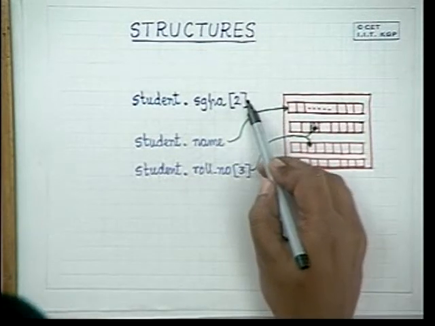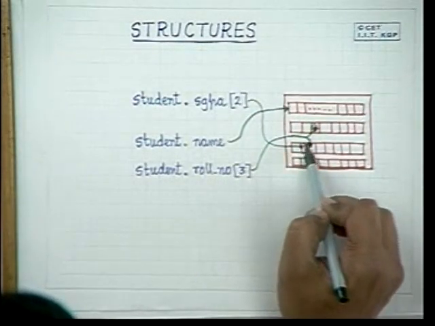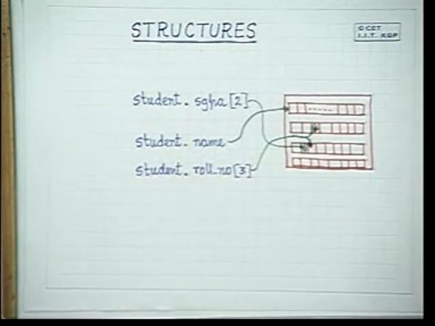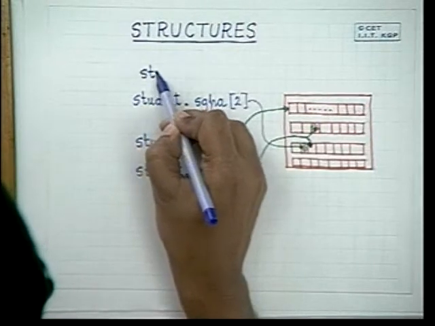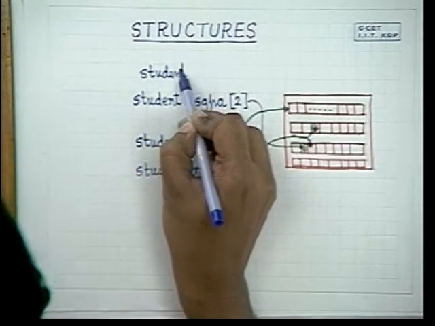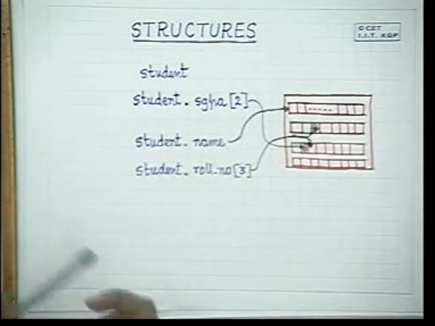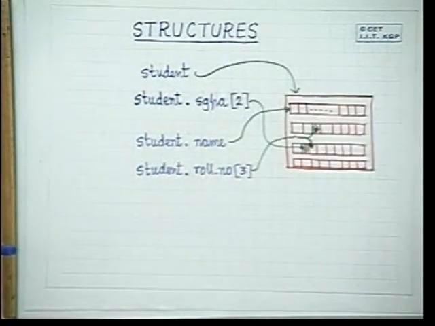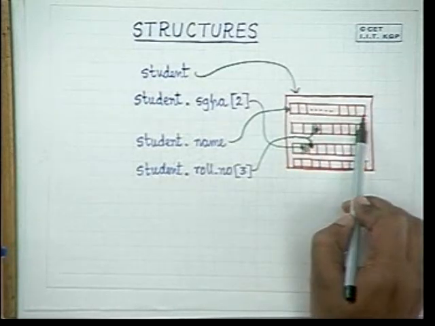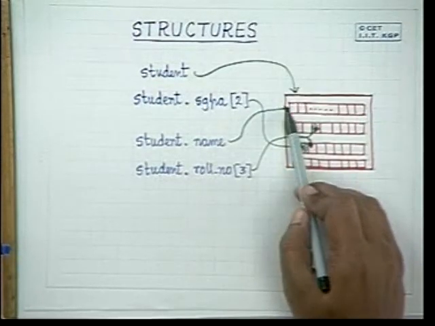And student dot SGPA 2 is this element. And if I write simply student, it is a pointer to this structure. Now, if name is the first element in the structure, these two may be identical.